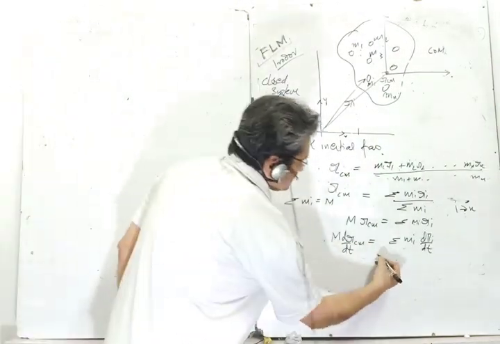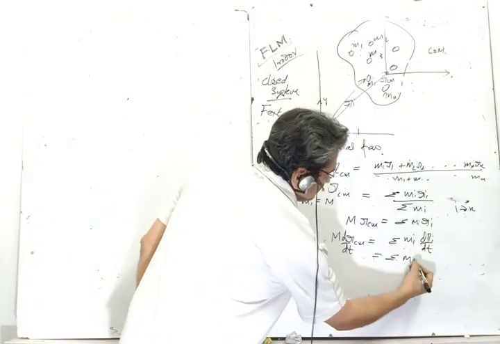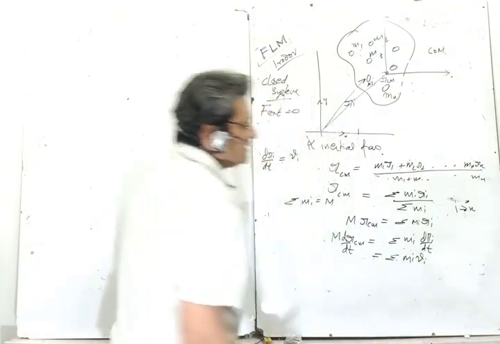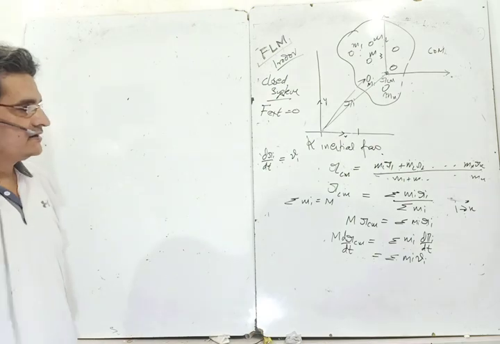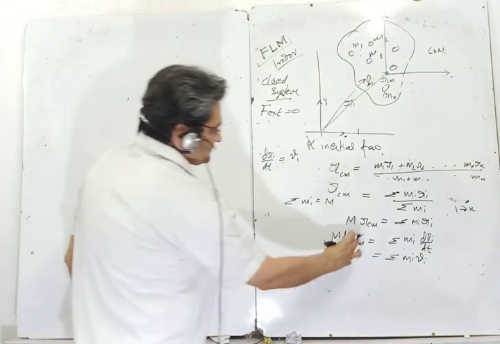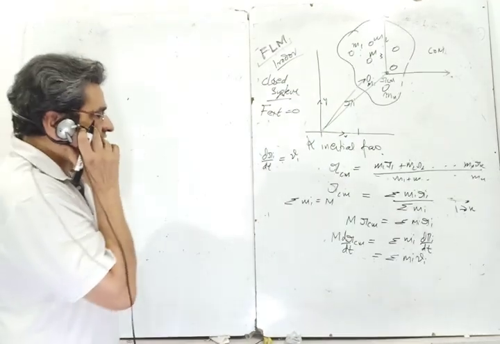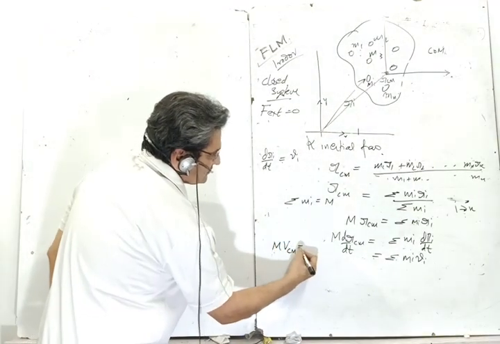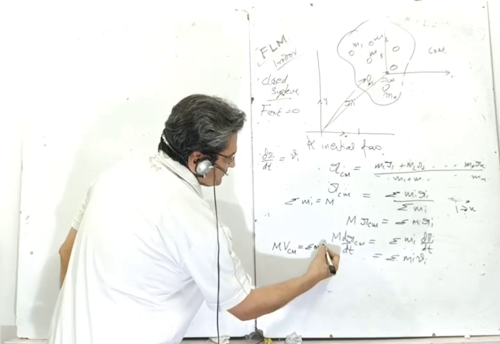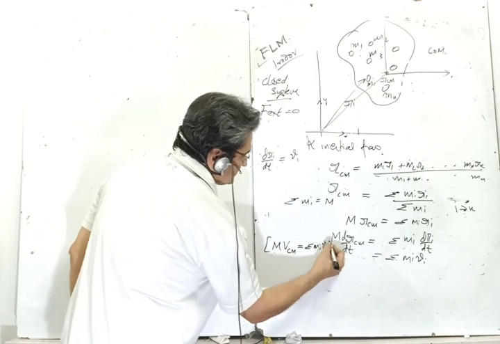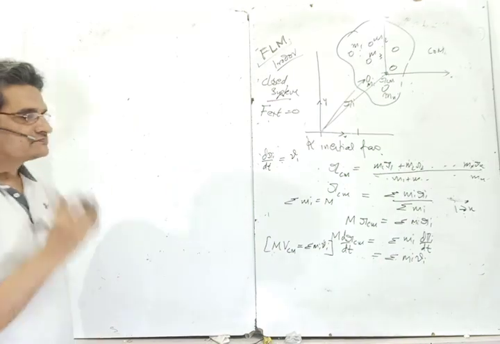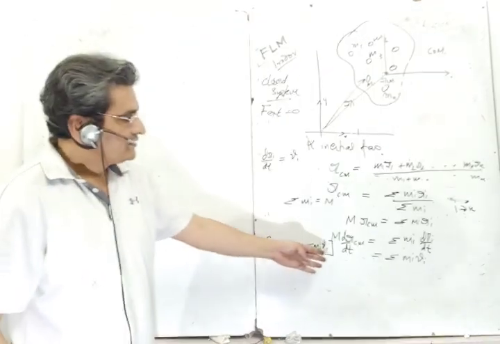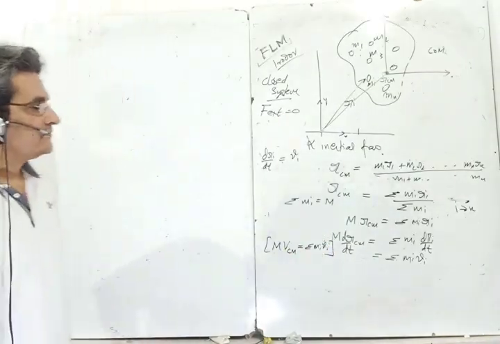So I can write it as sigma mi vi. Vi is velocity of that particle in K frame. And what is d upon dt of R center of mass? It is nothing but velocity of center of mass. So M v center of mass is sigma mi vi. That is one equation we have got. In fact, it is this equation which we'll be using later on.